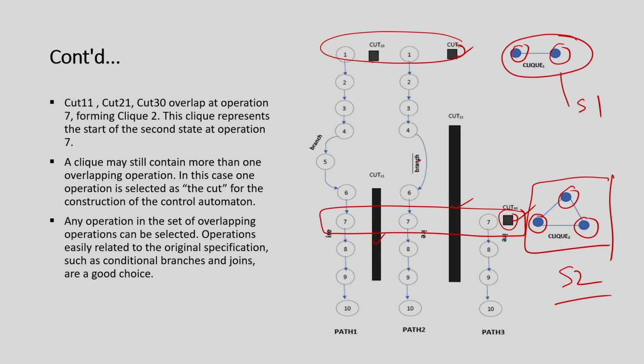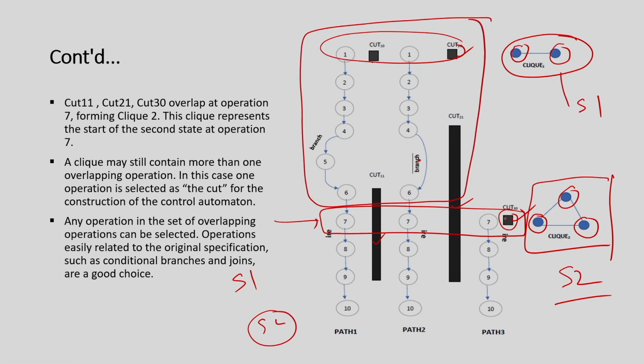So, I have to cut the path at state 7 only, because then all these 3 carts can be satisfied by this, and that is my final solution. What I obtain is that finally I am going to break these paths into 2 states, S1 and S2. S1 is going to execute this part of the behavior and S2 is going to execute this part of the behavior, right.